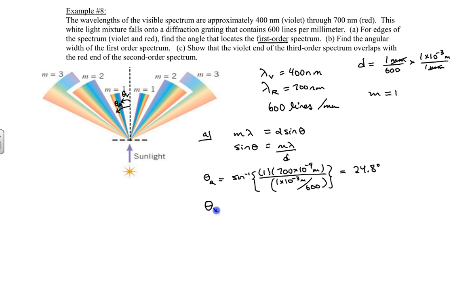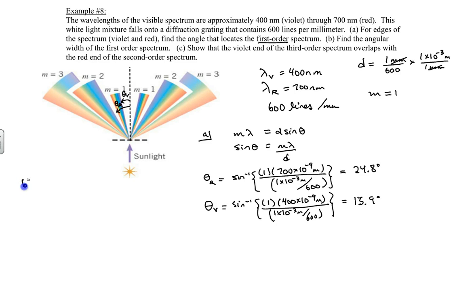And similarly, you can do this for violet, just replacing the 700 with 400, and you'll get an angle of 13.9 degrees. So you should note that the red spreads out more because it has the longer wavelength.